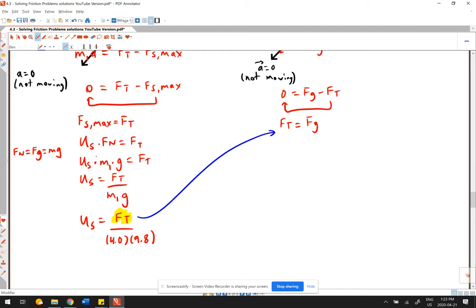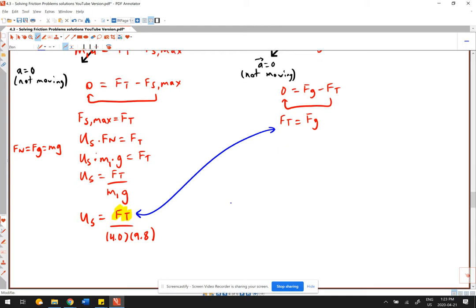Tension is equal to gravity, and gravity is equal to mg. So we're being specific: mass 2 times gravity. Mass 2 is equal to 1.8 times gravity, which is 9.8. So 1.8 times 9.8 is 17.64 newtons, which is the force of tension.